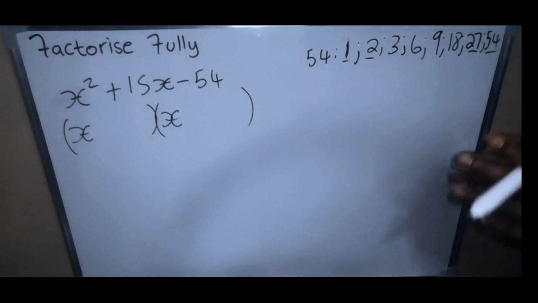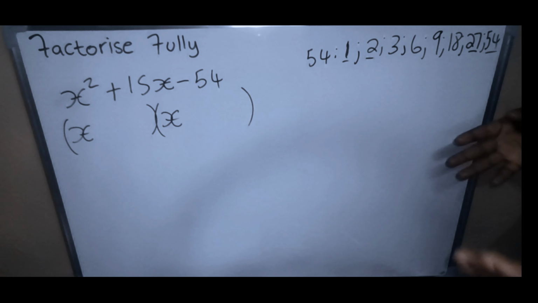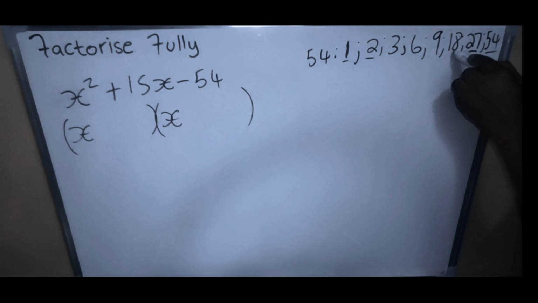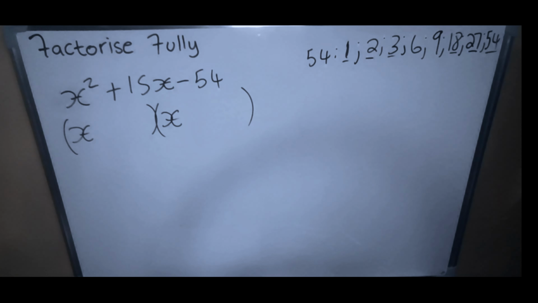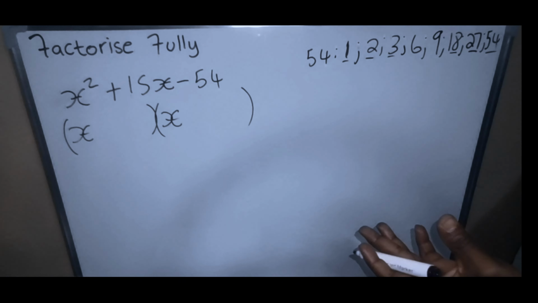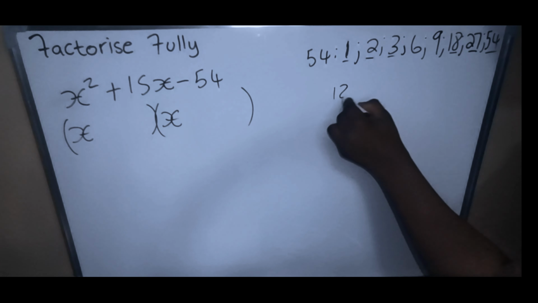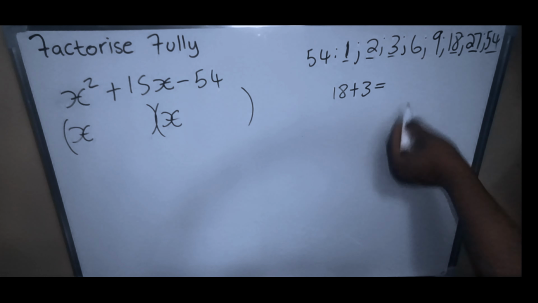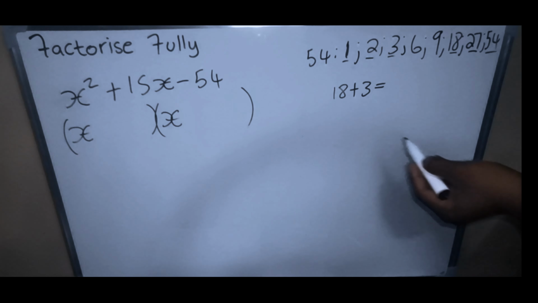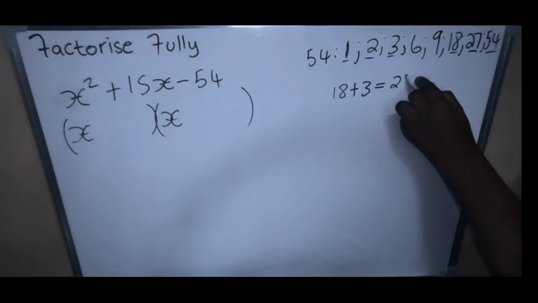Remember, in this case, we work with signs. Now, 18 times 3 is 54, correct. 18 plus 3 is 21.